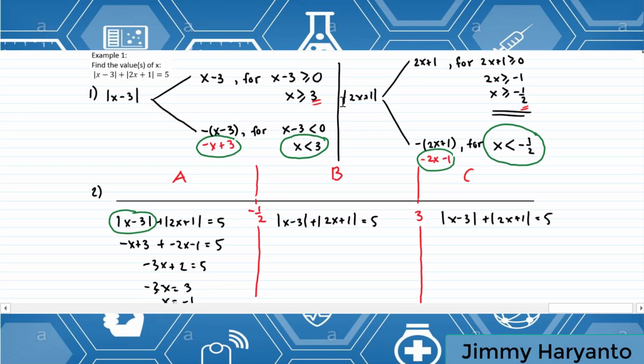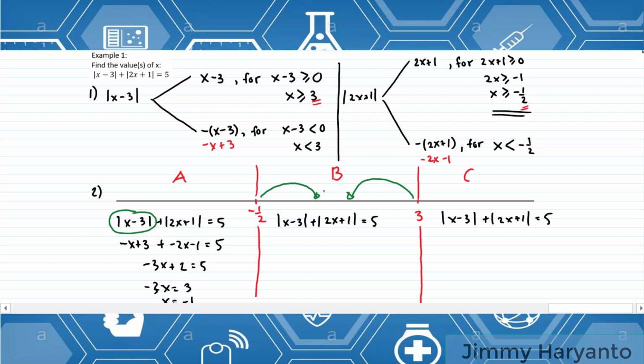Okay, now for room B, I will erase this first. For room B, we have to mark which one we can use. Room B is on the right side of negative half and the left side of 3.